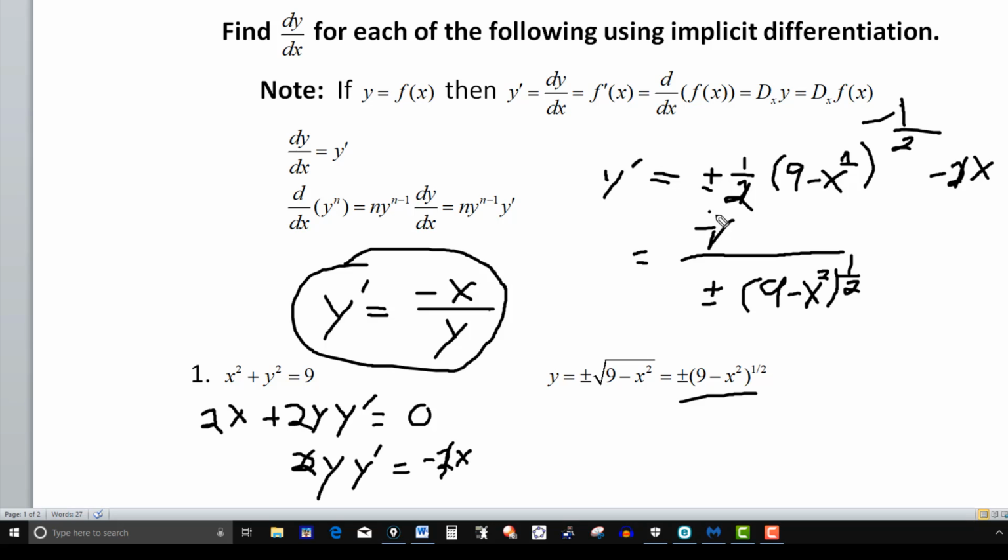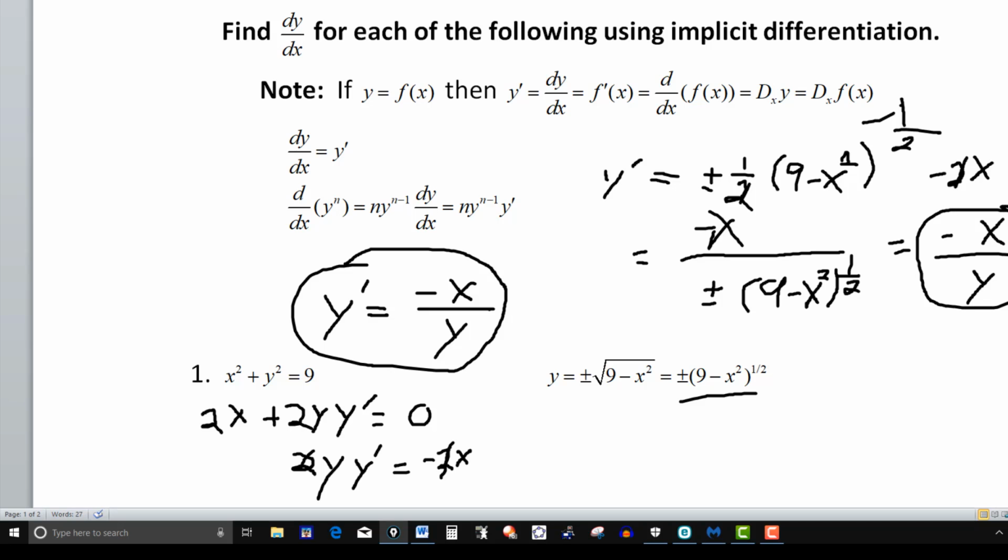So then this is going to equal, notice it doesn't look like this answer, but look, minus x is there, and then plus or minus 9 minus x squared to the 1/2, that's just y. So there it is, same answer.